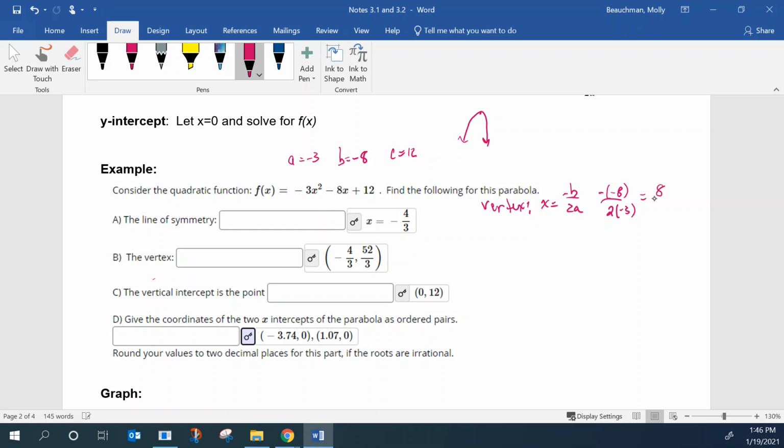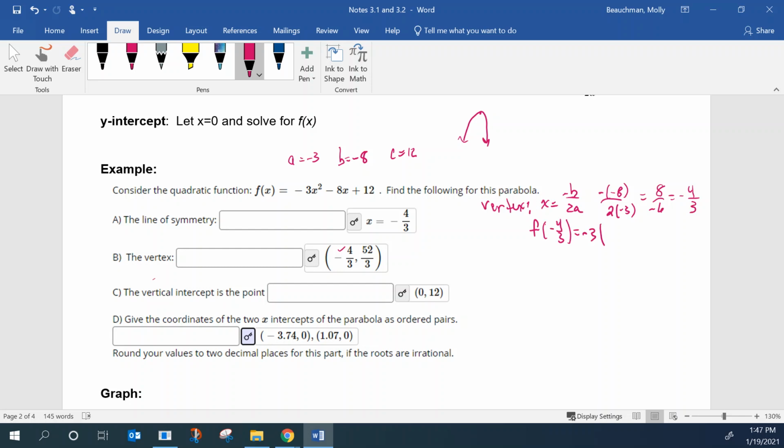That gives me 8 over negative 6, which reduces to negative 4/3. So that's the x-coordinate of the vertex. That's also the equation of the line of symmetry, x equals negative 4/3. Then f of negative 4/3 would give me the y-coordinate. So I would substitute that in to get the y-coordinate.